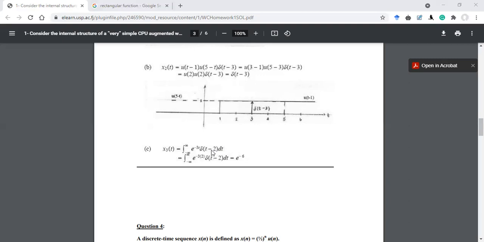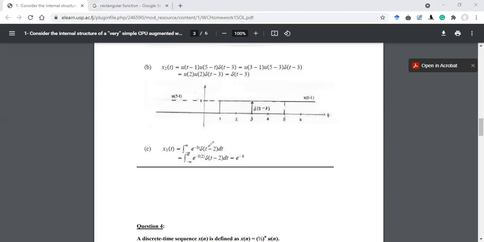So what we do is we can directly substitute the value of 2 into this particular function over here. We know just because of this delta function that there will be only one value that exists, at t is equal to 2, when you have delta of 0.